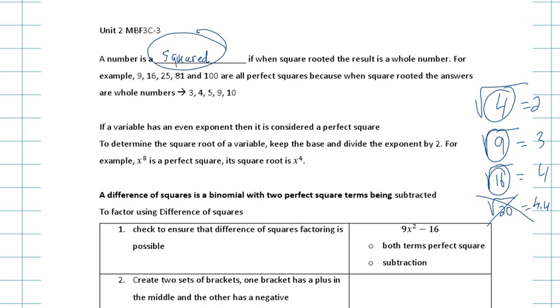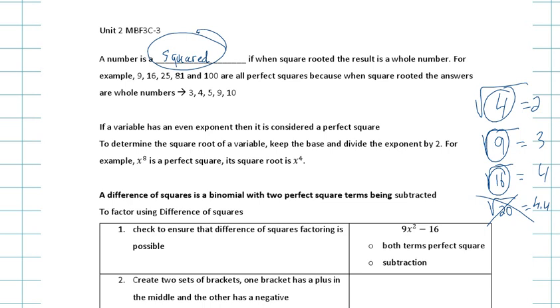Not only the squared numbers that you should be aware of, you should also be aware of the squared variables. In order for a variable to be squared, it has to have an even exponent. Okay?